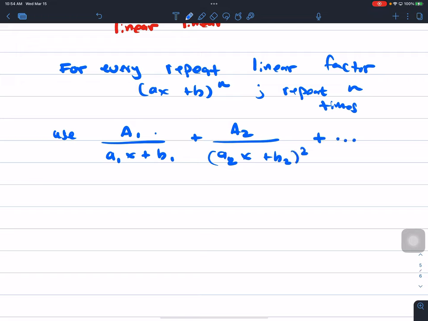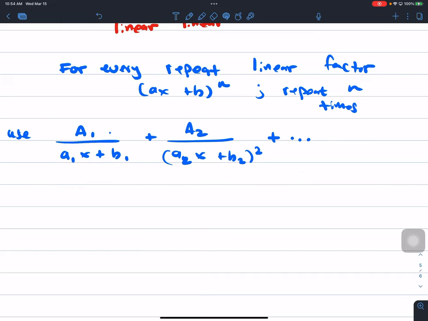You're going to add that all the way up to Anx plus Bn, to the nth power. Okay? See that nth power? Nth power.